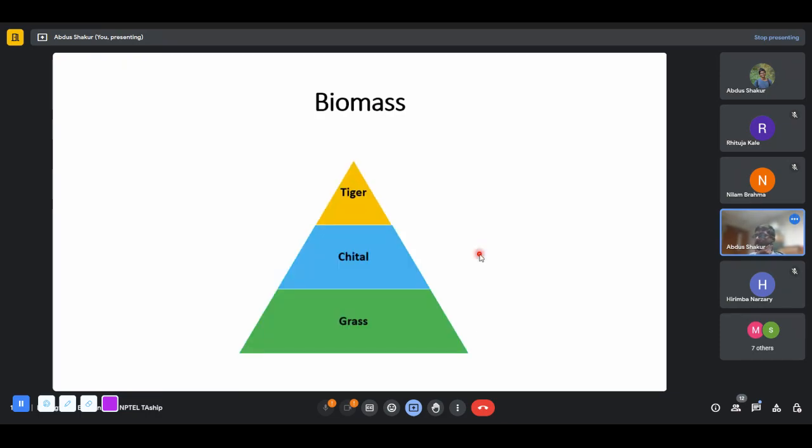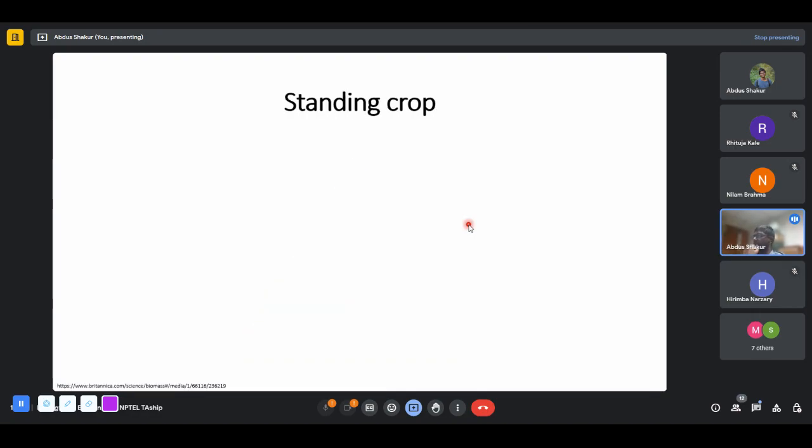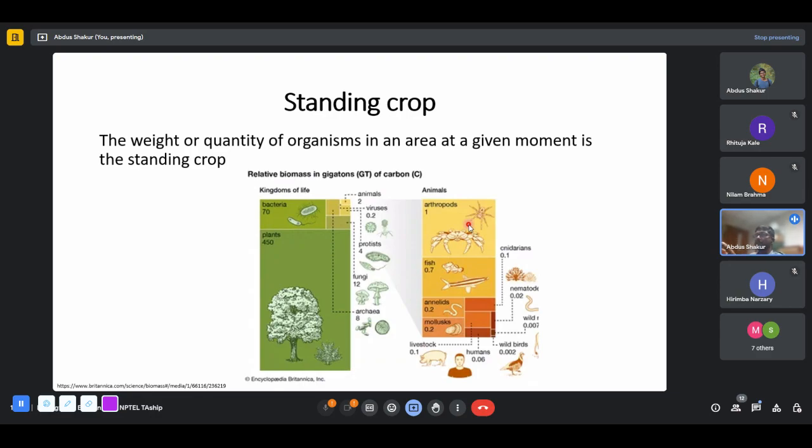And biomass is also upright. You have greater biomass at the bottommost level, the producers. As you reach the top of the trophic levels, the food chain or food web, the topmost consumers are present in fewer numbers and contribute relatively less biomass, and this is what you call the standing crop.